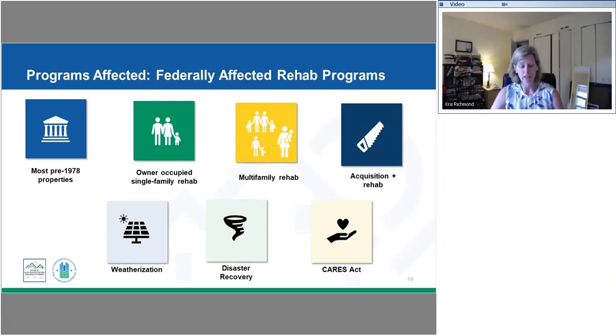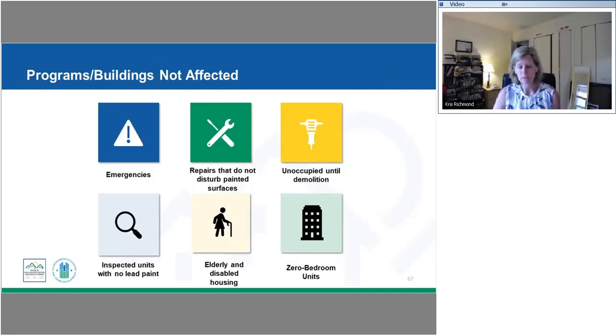So again, regardless of the occupancy, the Lead Safe Housing Rule does apply when you're undertaking these types of activities. These were discussed in Module 1, but just to revisit, there are times when the rule may be exempt. This first one here is for emergencies, and this needs to be a true emergency. So there has to be immediate protection of life and safety.